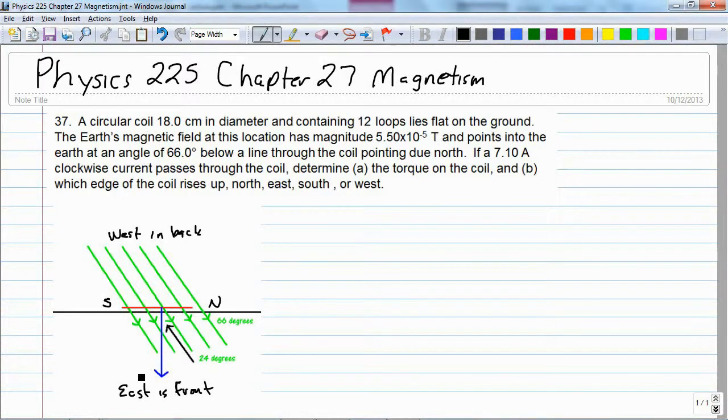Let's try this again. I've got to think about this. It's a clockwise current, so our force is basically in this direction, and this force would be in that direction.